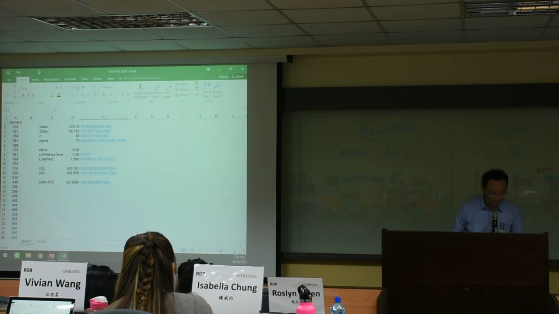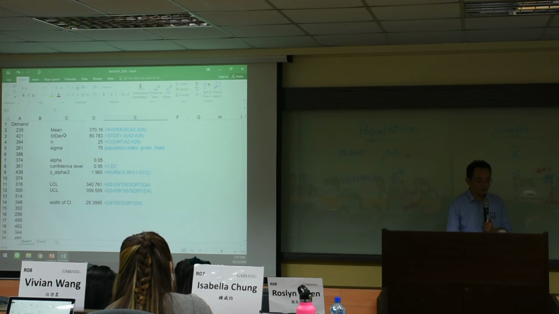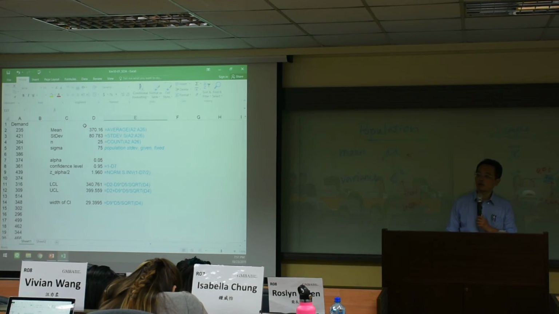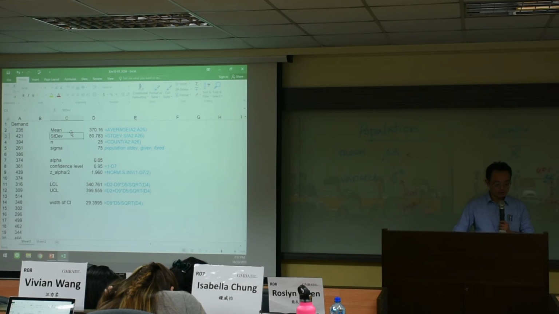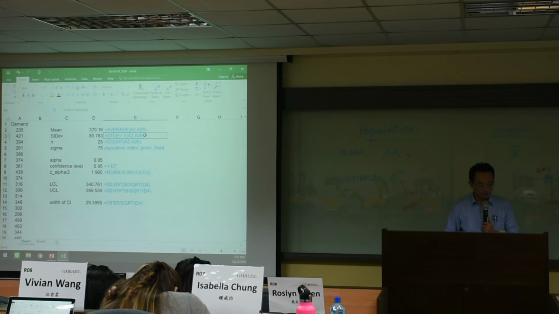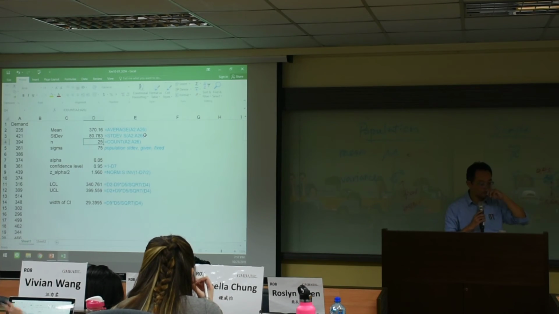Let me make it larger. We create some functions to calculate the mean and the standard deviation, and remember we have to use STDEV.S because this is a sample. We got the standard deviation to be 80.78, and n equals 25 because we have 25 observations.